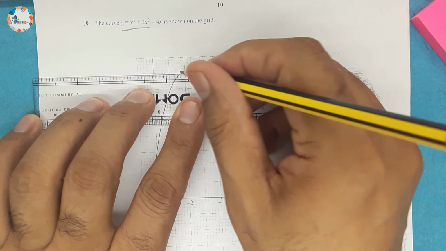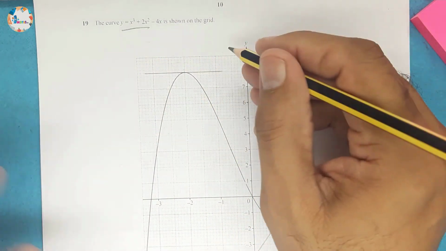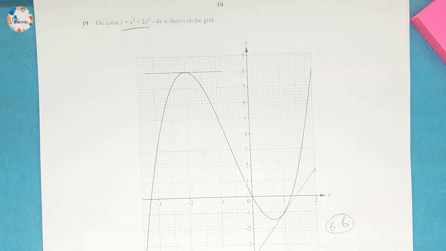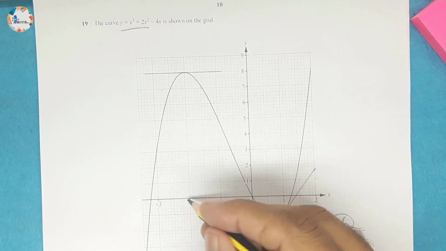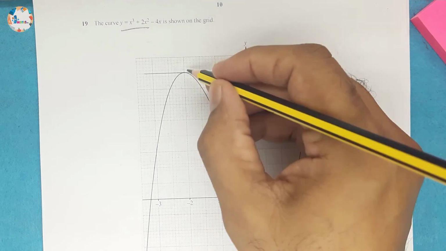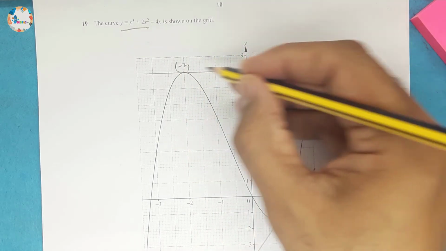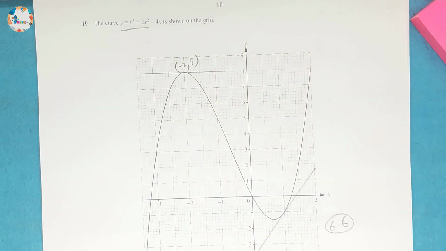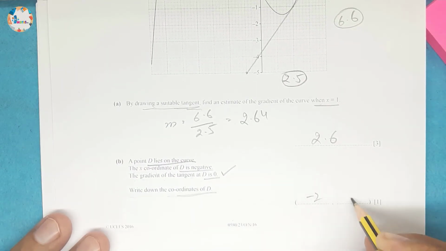This gradient is 0 because this is parallel to the x-axis, a horizontal line. So the x coordinate is negative over here, which is -2. And if we write the coordinates, it will be -2 and 8. So we can write here -2 and 8 as our answer.